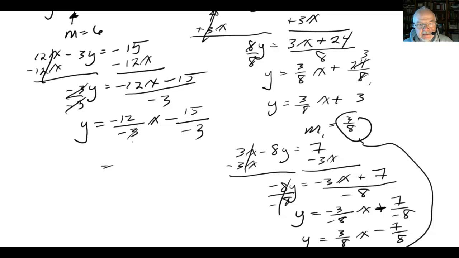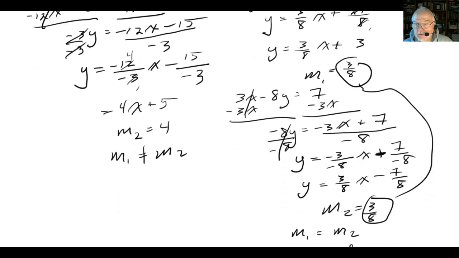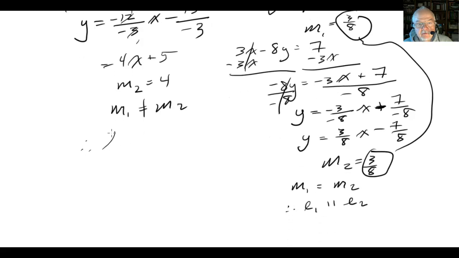Minus times a minus is plus, and 3 goes into 3 once, goes into 12 four times. So that's going to be 4x, and that's going to be plus 5, because that's a minus over minus. And m1 was 6. m2 equals 4. m1 is not equal to m2. Therefore, line 1 is not parallel to line 2.